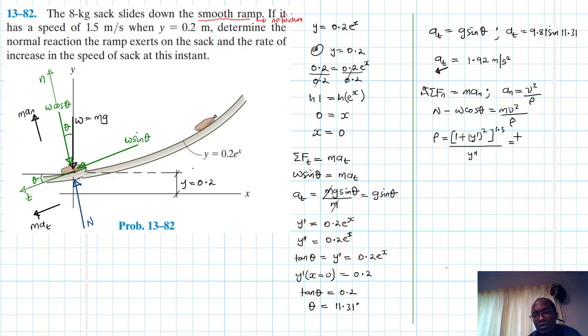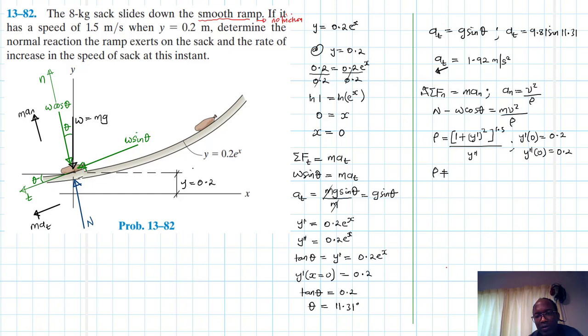This is just equal to 1 plus y prime at x equal to 0, which we found to be 0.2. So y prime at x equal to 0 is 0.2, and y double prime at x equal to 0 is also 0.2.